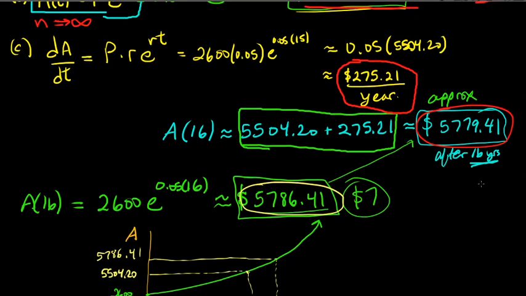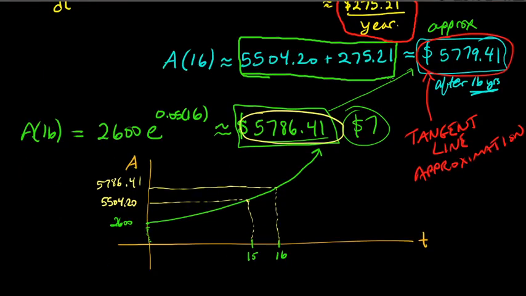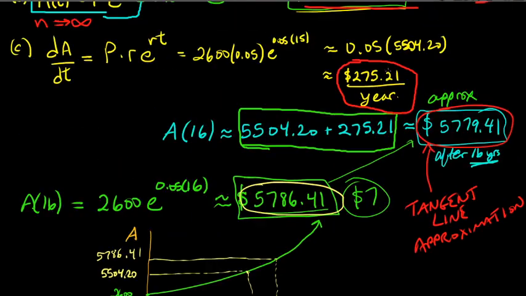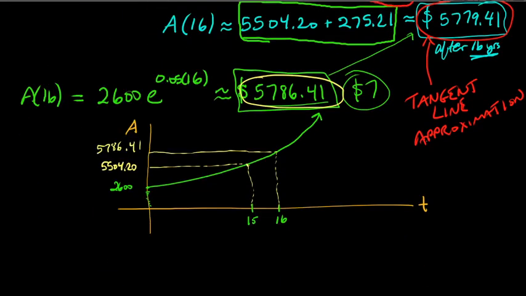So this is sometimes called the tangent line approximation. You can use the tangent line to get an approximate answer. Here's how it works. This rate here is the slope of the tangent line at t equals 15. So I'm going to do my best to try to draw a tangent line, something like this.